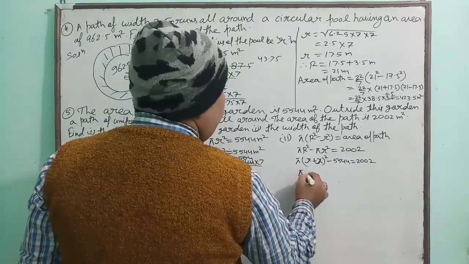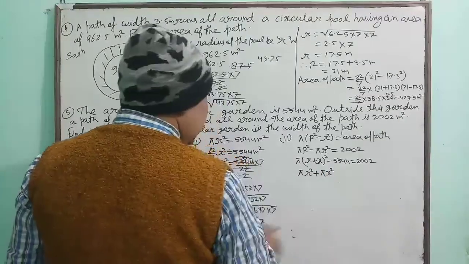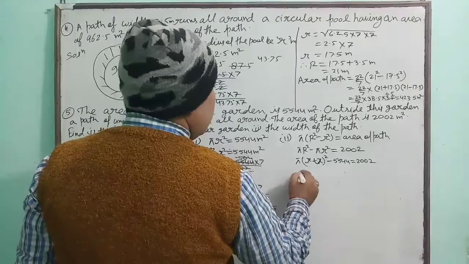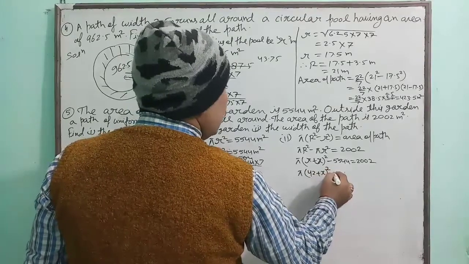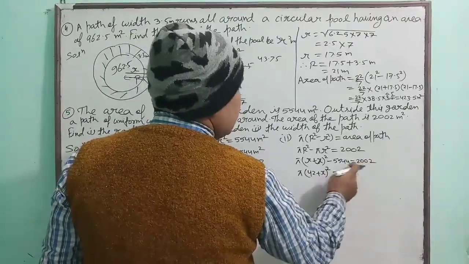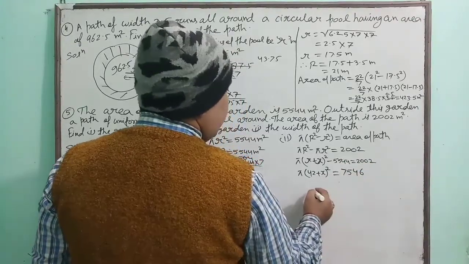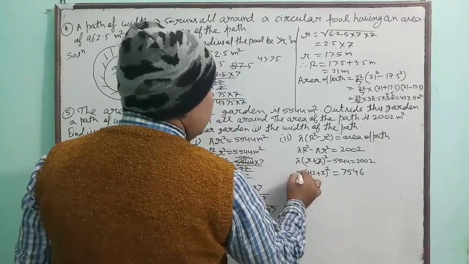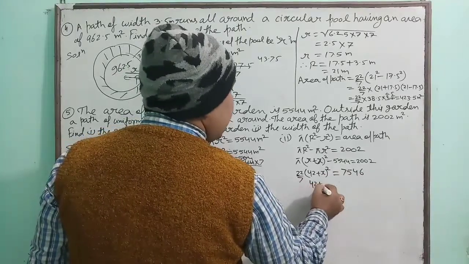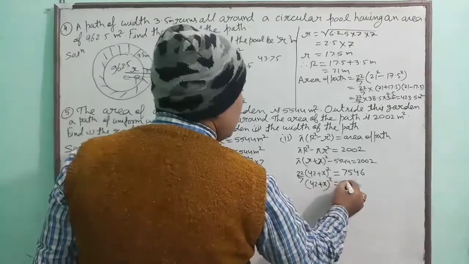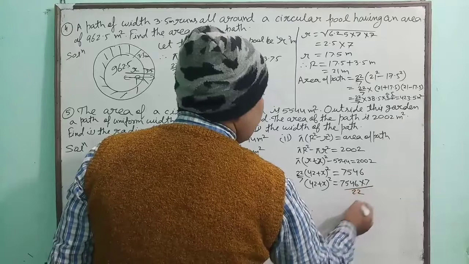Now pi into r square plus pi into a small r value we have got 42 plus x whole square is equal to, these two will be added, 7546, and value of pi also put here, 22 by 7. Then this 22 by 7 will be transferred that side. 42 plus x whole square is equal to 7546 into 7 upon 22.